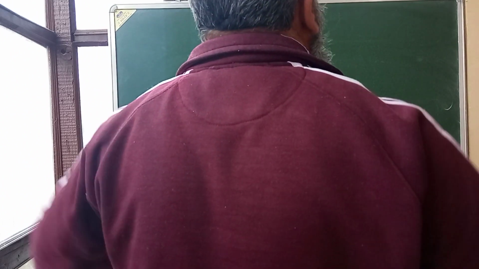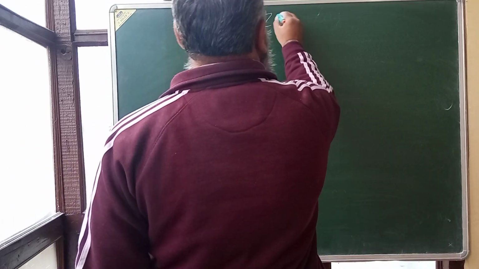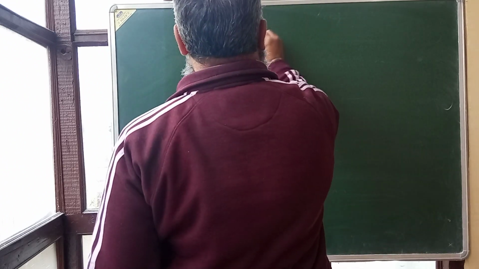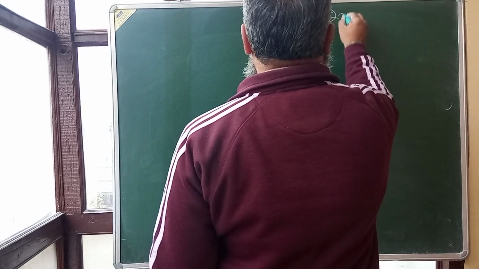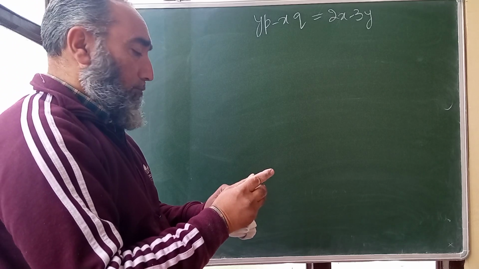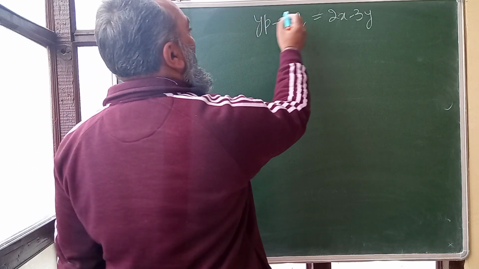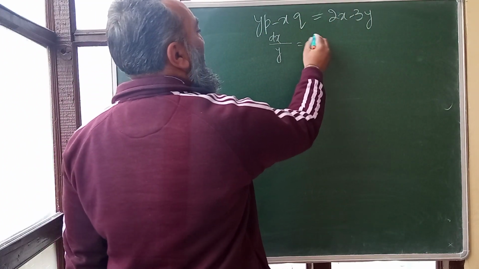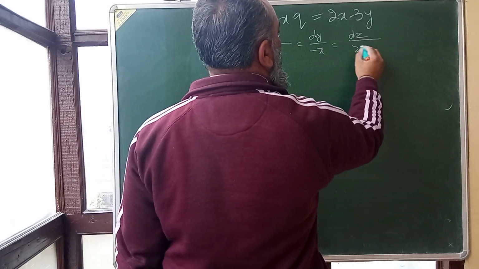Let me take up yp minus xq equal to 2x minus 3y. Now this is pp plus qq equal to r. So Lagrange's auxiliary equations are dx by y, dy by minus x, dz upon 2x minus 3y.